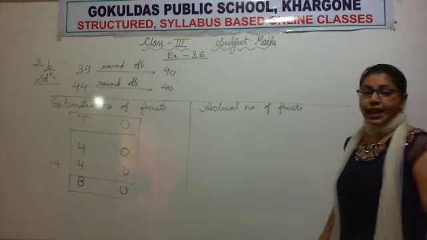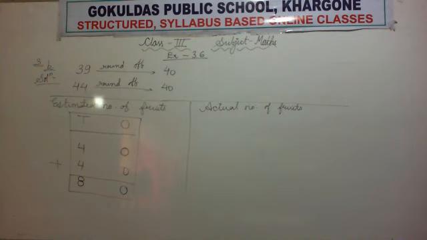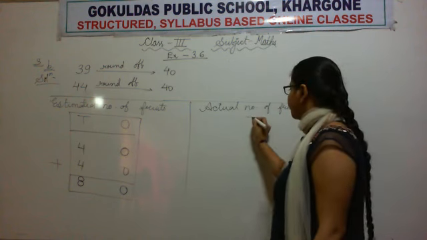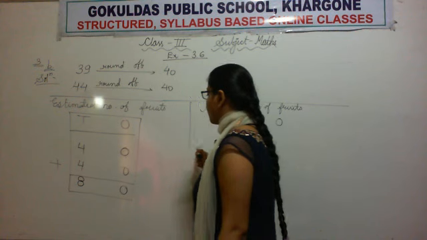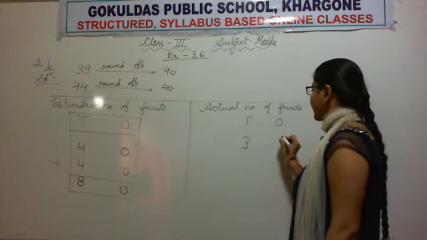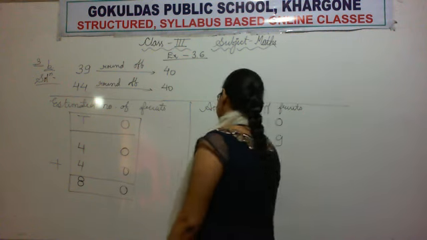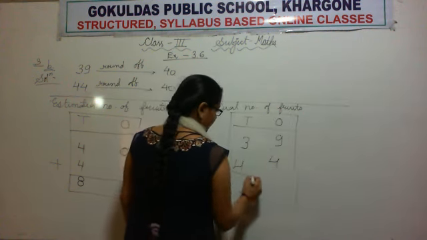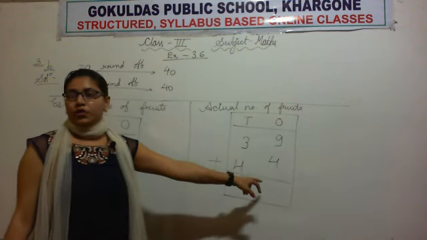For finding out the actual number of fruits, we will take the actual values. What are the actual values? 39 and 44. So let's write 39 and 44 and add them. All of you, 9 plus 4.